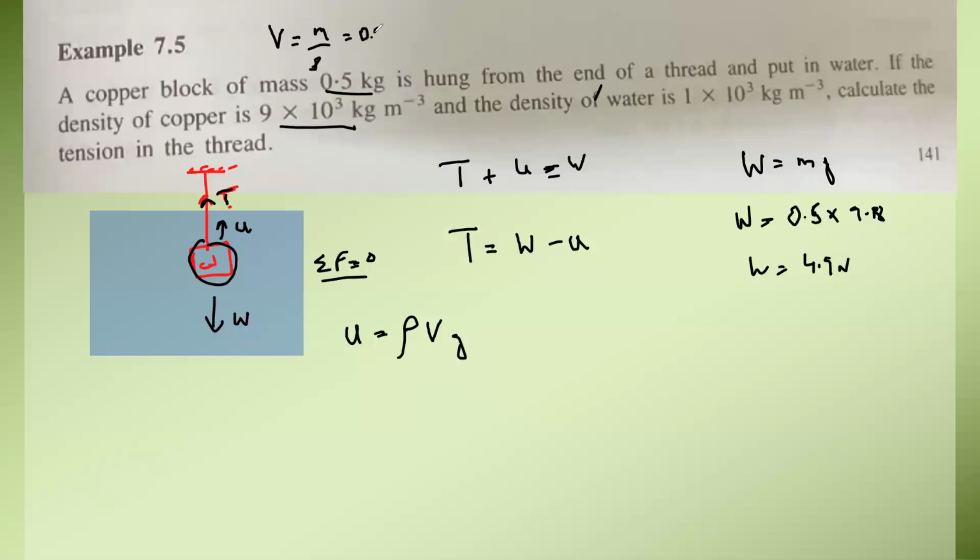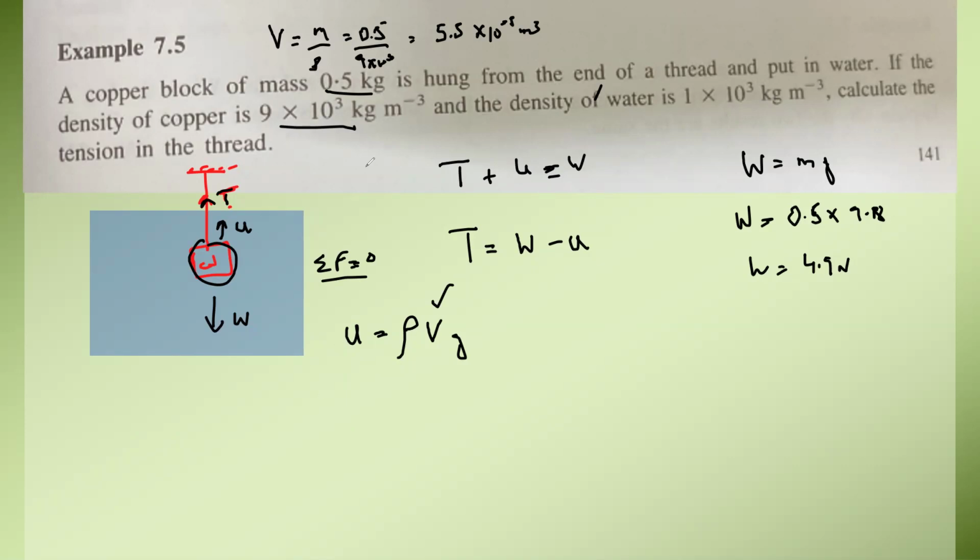So mass is 0.5 and the density of copper is 9,000, or 9 exponent 3. So 0.5 divided by 9,000 will be 5.5 into 10 to the power negative 5 meter cube. So we got the volume of displaced liquid, because it is the same as the volume of the object when it is completely submerged.